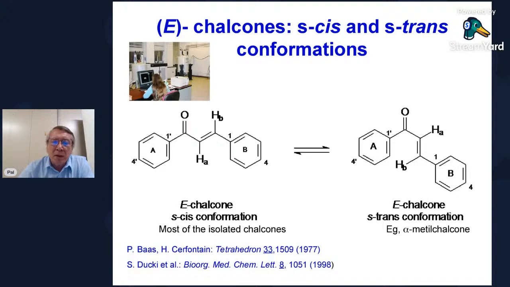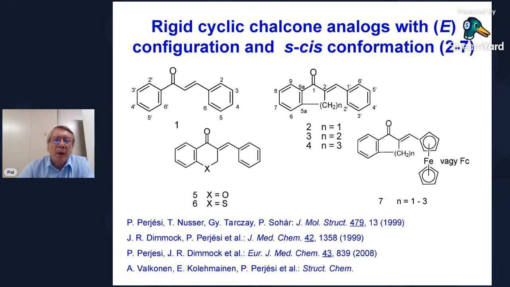In some particular cases, however, with particular substitution of the rings and/or the carbon-carbon double bond, the s-trans conformation could be the preferred conformation of the chalcone units.